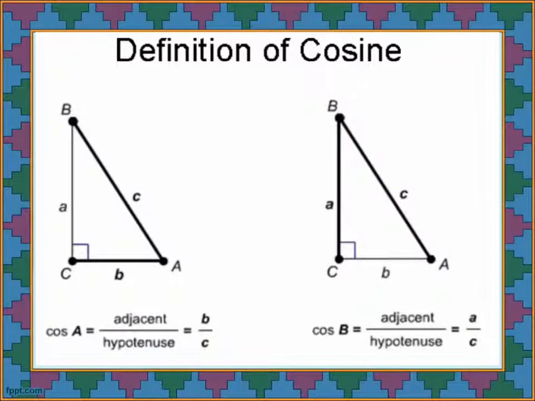Let's talk about cosine. If I'm talking about cosine of angle A, cosine is adjacent over hypotenuse. Adjacent means like a next door neighbor.